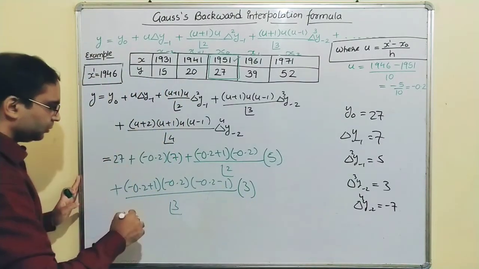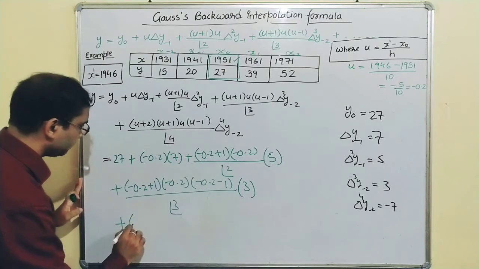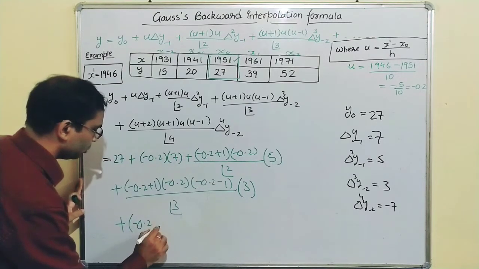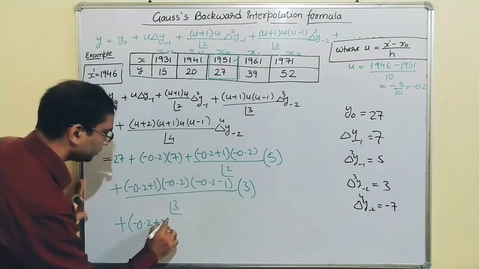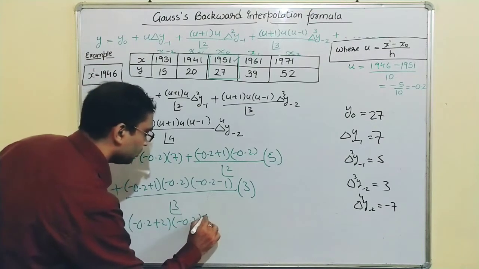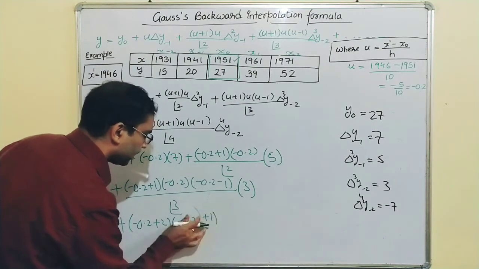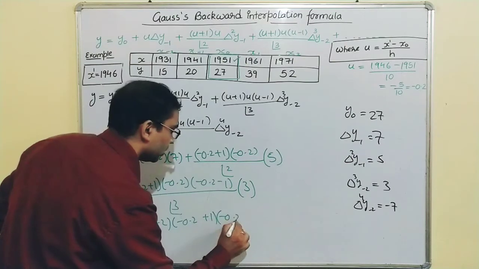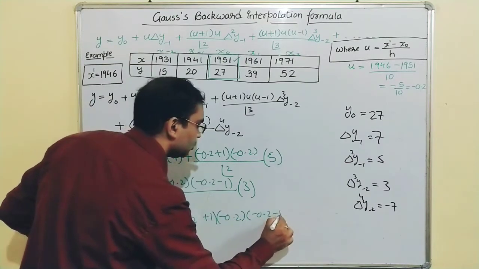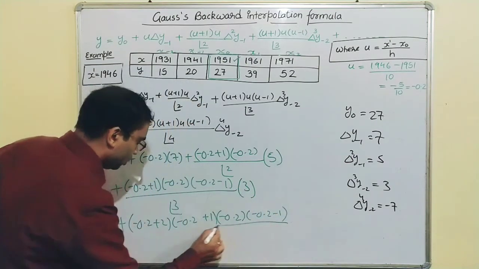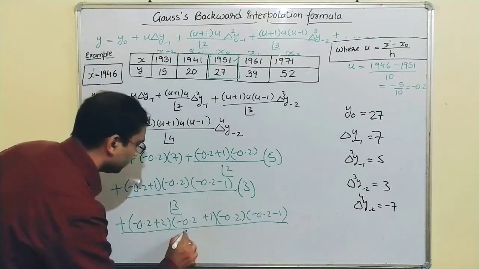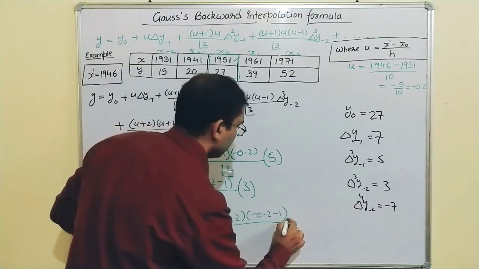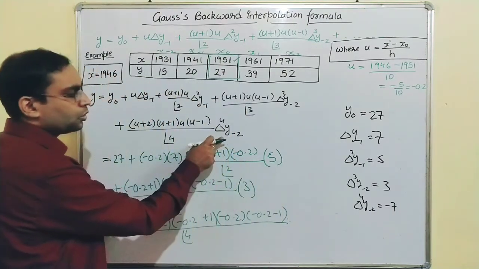And the last term, obviously, will be (minus 0.2 plus 2), then (minus 0.2 plus 1), and then (minus 0.2)(minus 0.2 minus 1) whole divided by factorial 4, and this is multiplied by del 4 y minus 2.